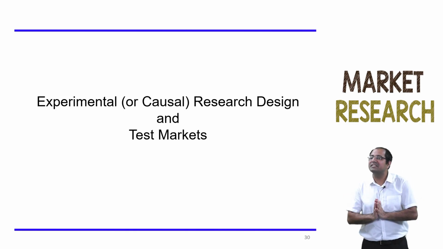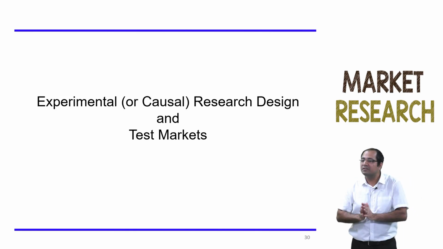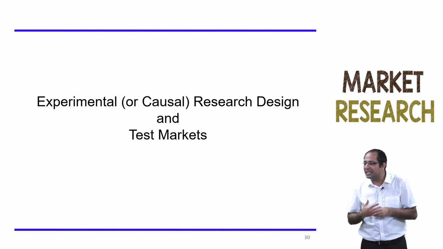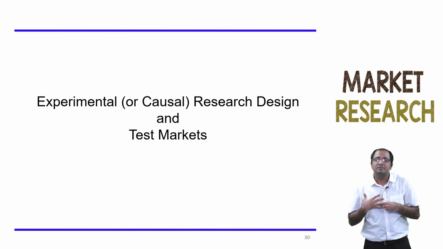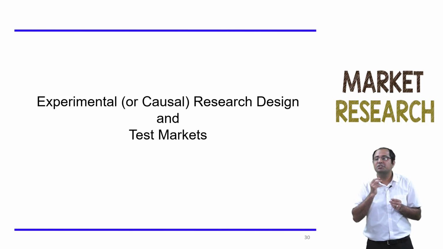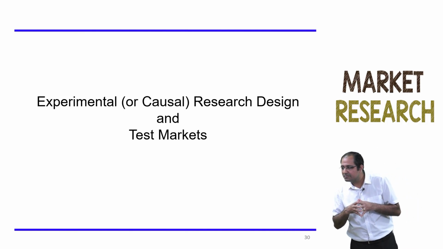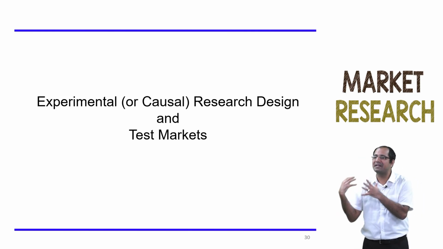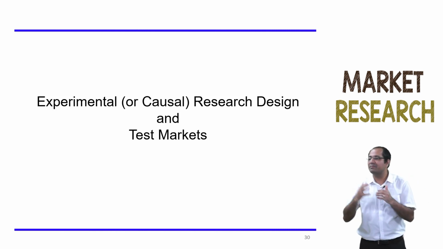In that particular study done through experimentation, the reverse was found, that meditation and yoga actually would enhance your self-importance. Again, one can question those experiments, but if you want to rely on some design for cause and effect, you would have to rely on experimentation. So causal research design is the design which we are going to talk about, and experimentation is the method of determining the cause and effect.